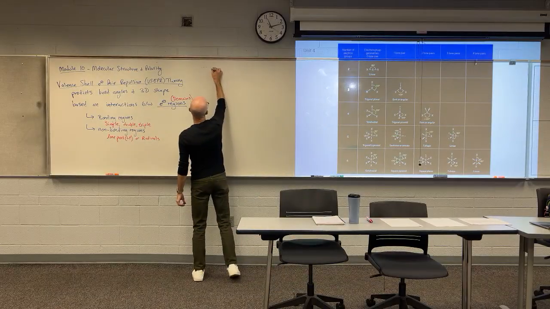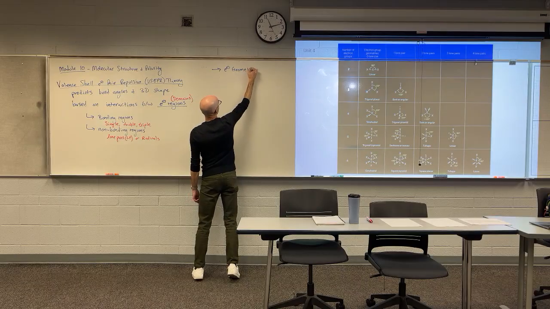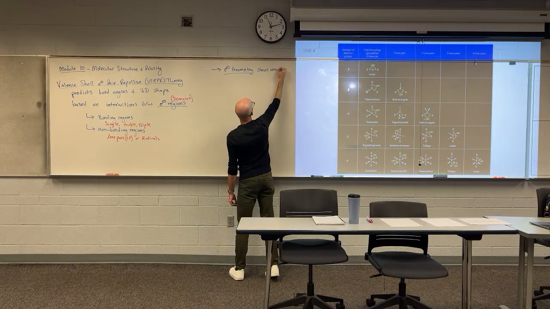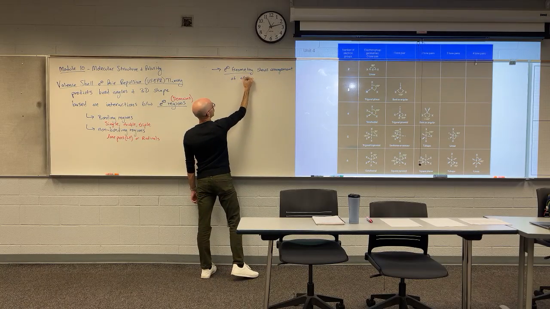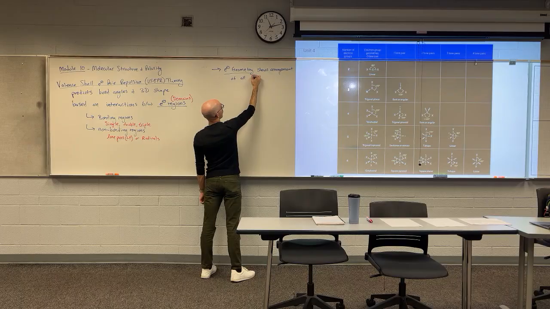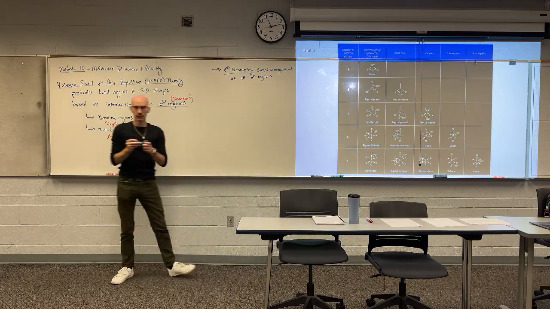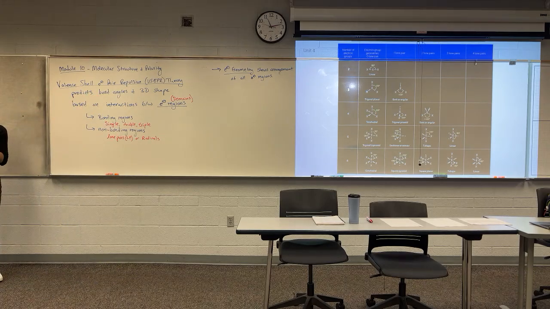There's two types of geometries. There's an electron geometry, which shows the arrangement of all electron domains, all electron regions. You look at a central atom and you describe how its bonding regions and its non-bonding regions are oriented in space relative to that central atom.